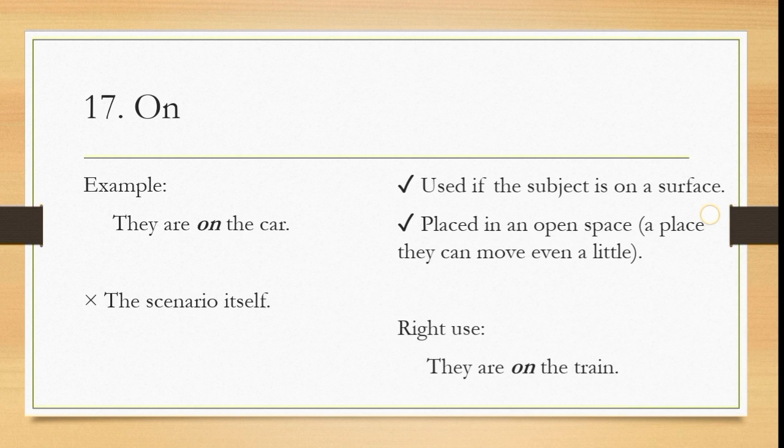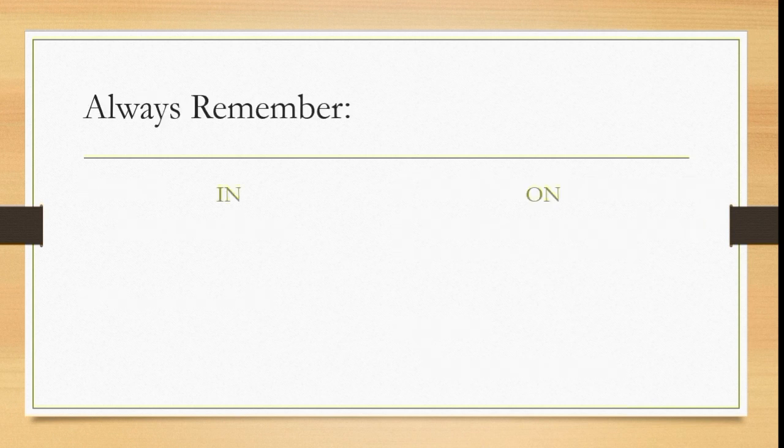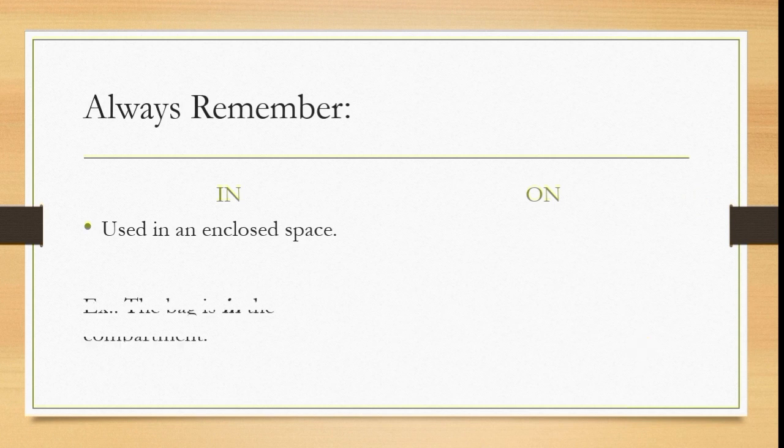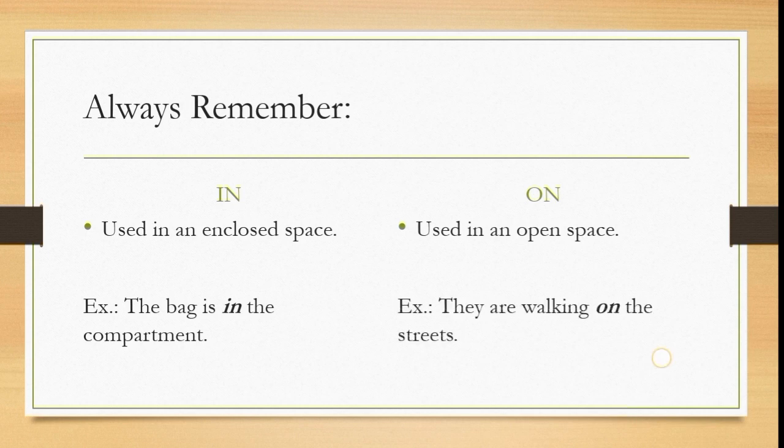Unlike the car, which we cannot move. Always remember, "in" is used in an enclosed space, like the bag is in the compartment. And "on" is used in an open space, like they are walking on the streets.